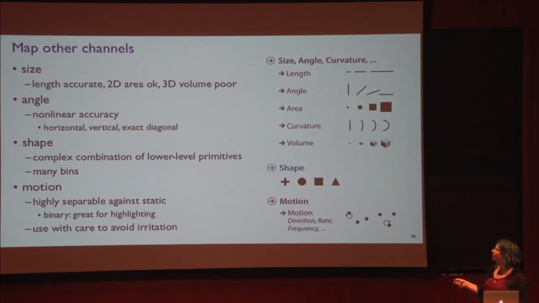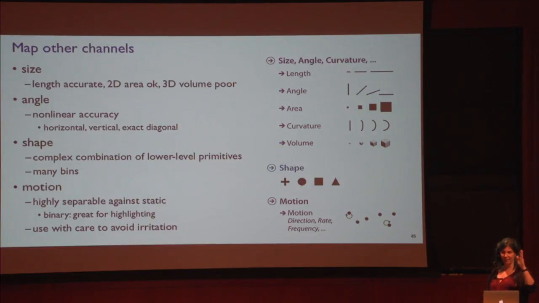With angles, another thing to be aware of is that our accuracy is nonlinear. We're very good at noticing if something is exactly horizontal or a little bit off, or exactly vertical or a little bit off, or even exactly at that 45 degree. So you can tell the difference between a 45 degree angle and a 44 degree angle. You can't tell the difference between 37 and 38 degrees.